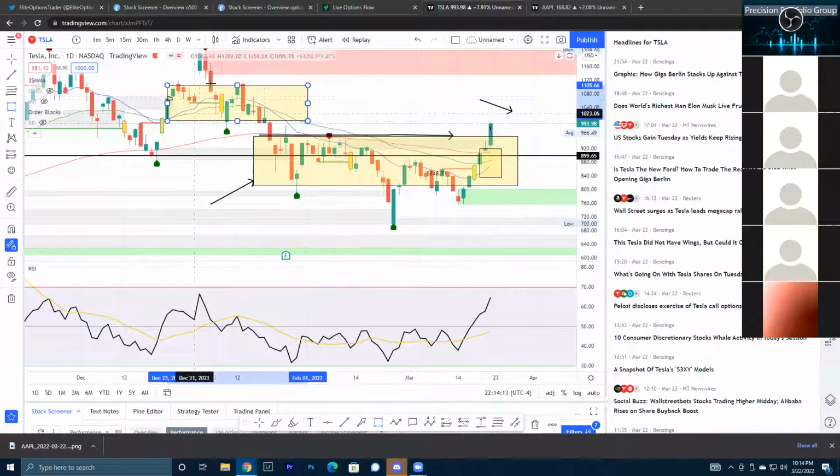You see this here? This is a range. Once Tesla goes in between here, it may stop around the 1,100 mark and go down. But for the next day or two, I see Tesla being bullish.